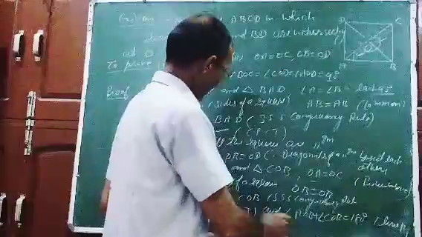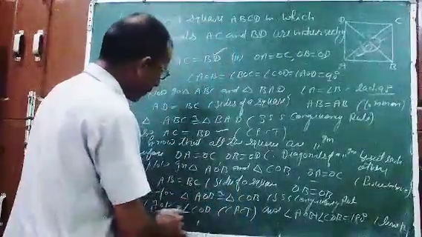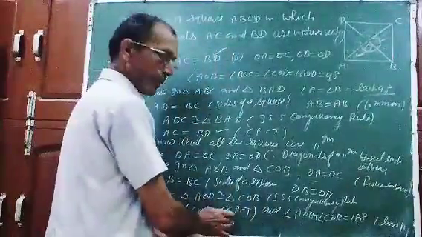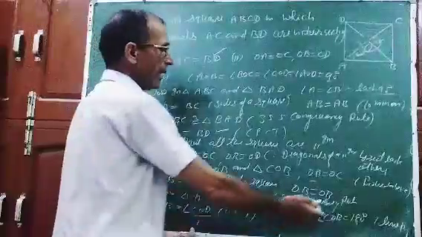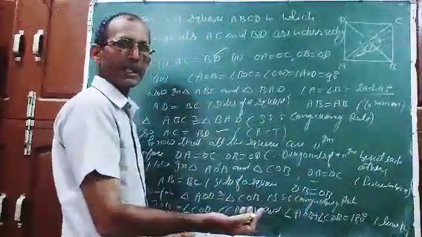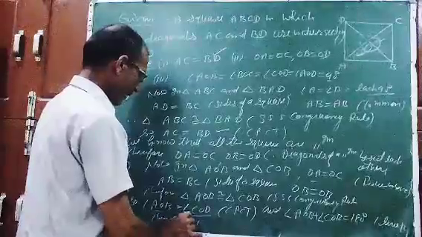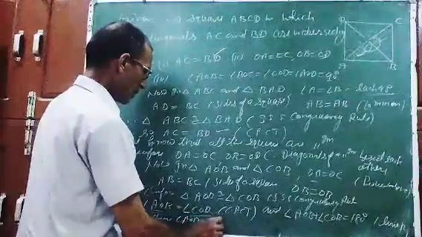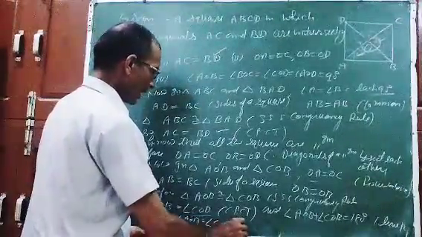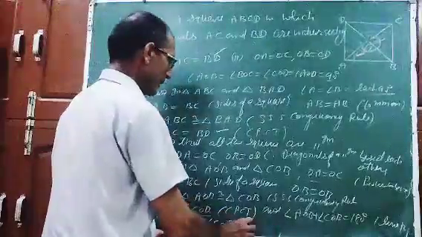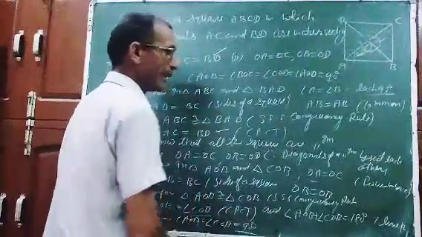So 180 degrees. Now I just proved angle AOB is equal to COB. Both are equal, and their total I proved 180. So both are equal, their total is 180, so each will be 90 degrees.